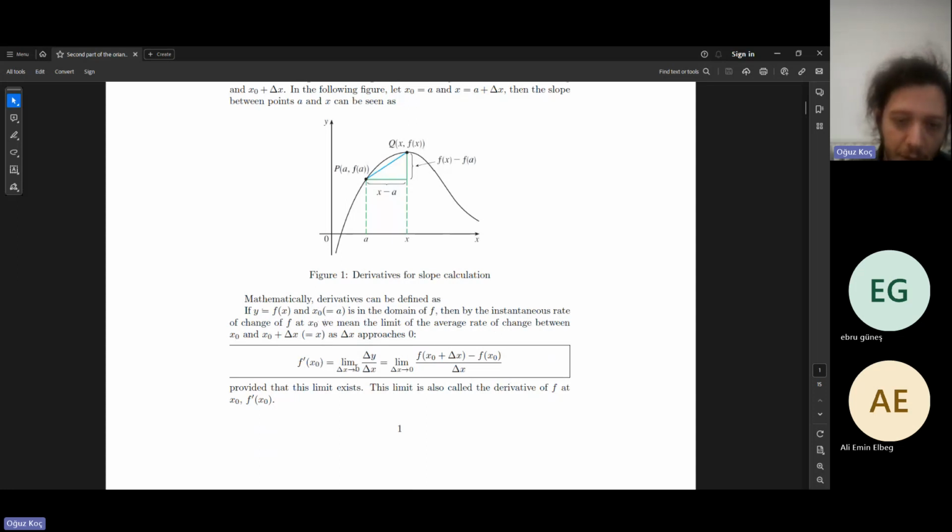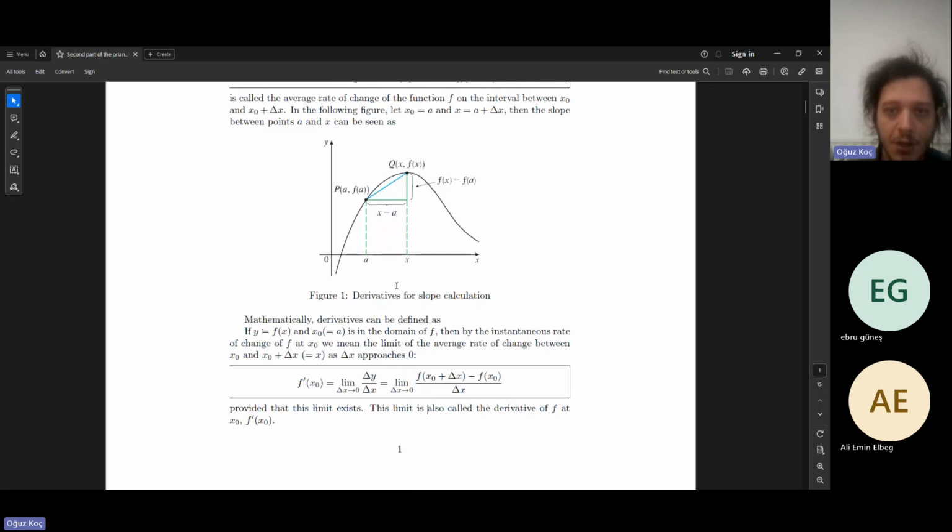We can say that when the difference goes to 0, the ratio between the change in y and x can be defined like this: f of x0 plus delta x minus f of x0, divided by delta x.